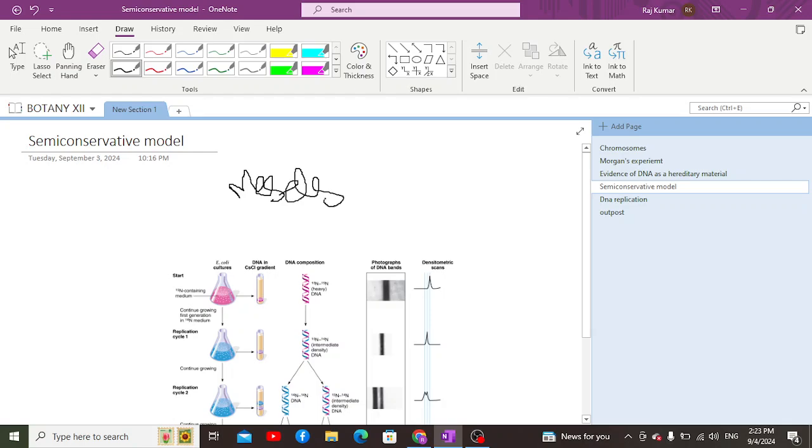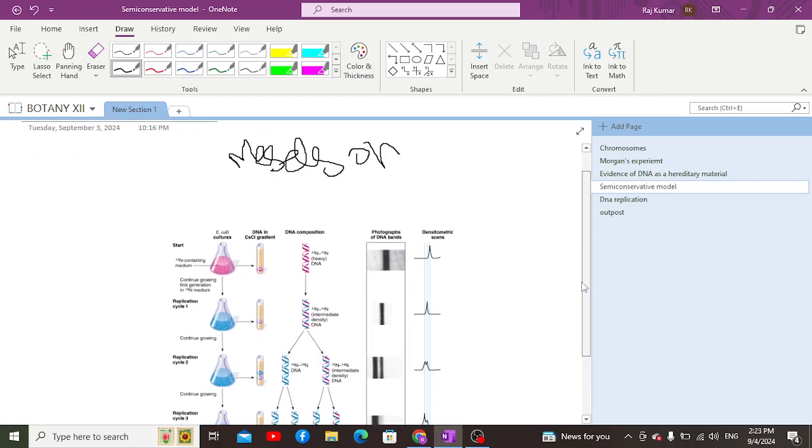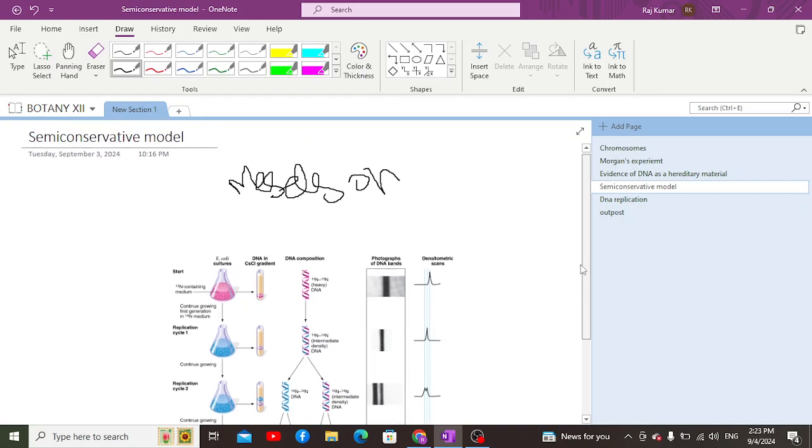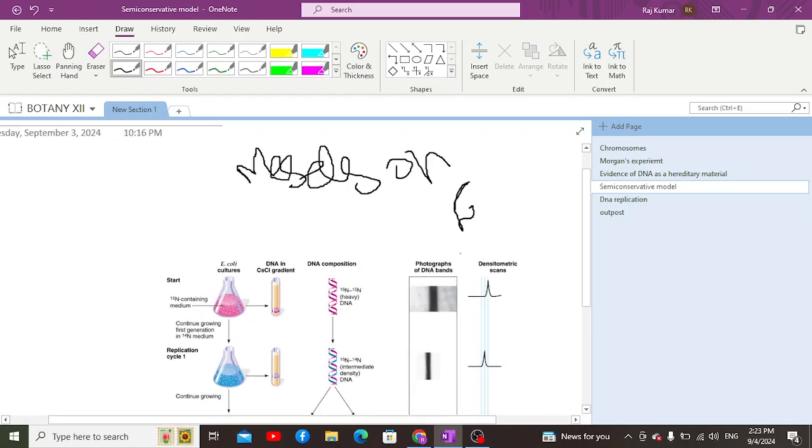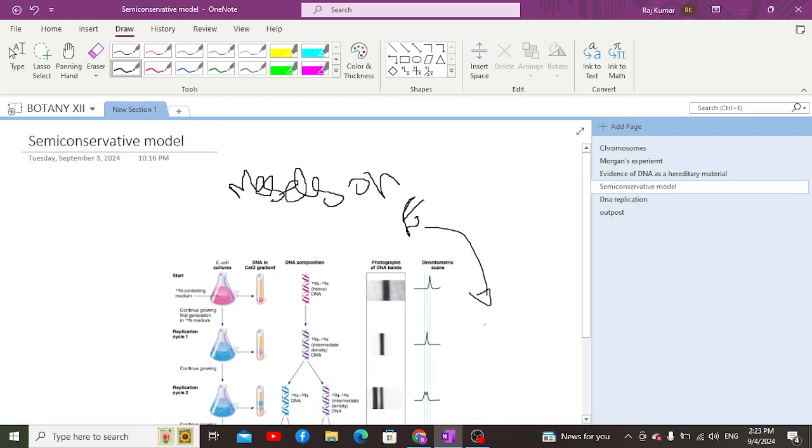In the Meselson and Stahl experiment, they utilized a bacterium known as E. coli, which was prepared in a culture containing a heavy isotope, not a radioisotope, named nitrogen 15. That nitrogen 15 became part of the nitrogenous bases of the nucleotides of the polydeoxyribonucleotides of DNA.